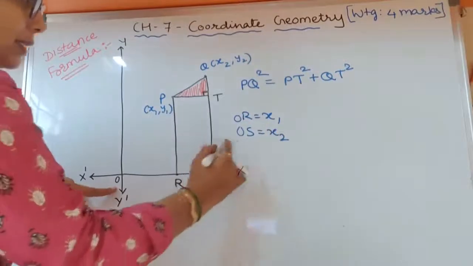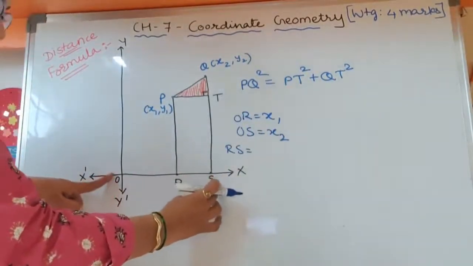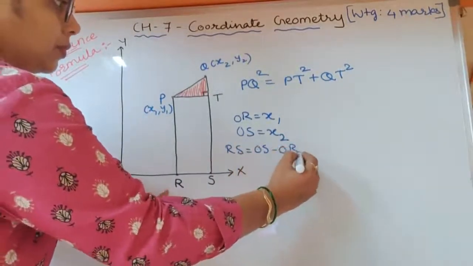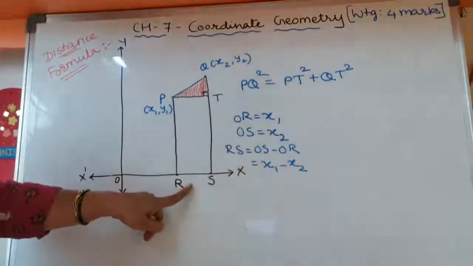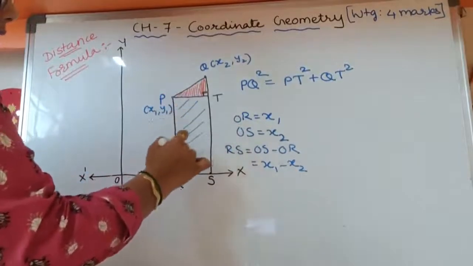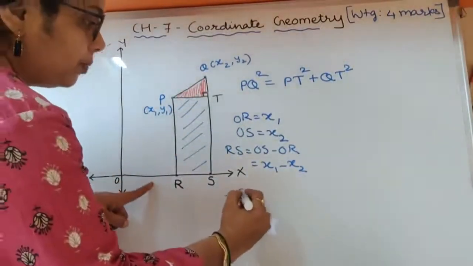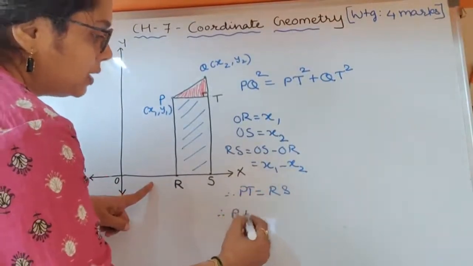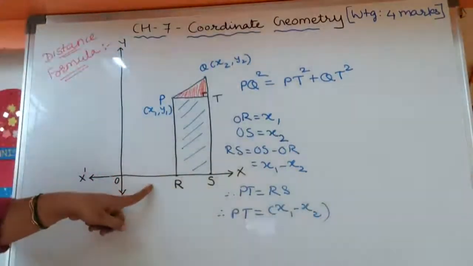And what is RS? RS is equal to OS minus OR. So therefore x1 minus x2 is the value of RS. As this is a rectangle, opposite sides are equal, and therefore PT is equal to RS. Therefore PT is also equal to x1 minus x2.